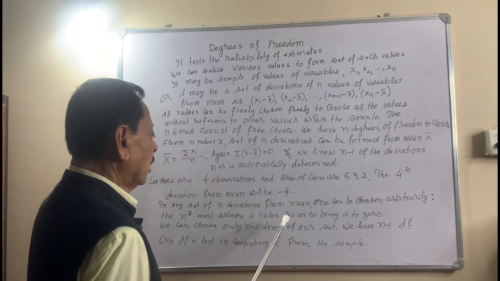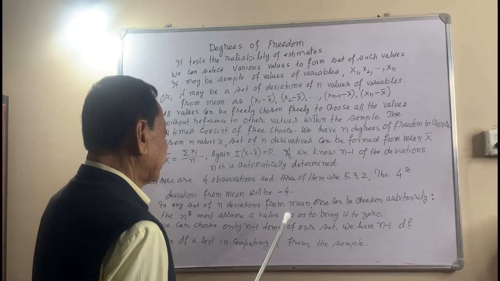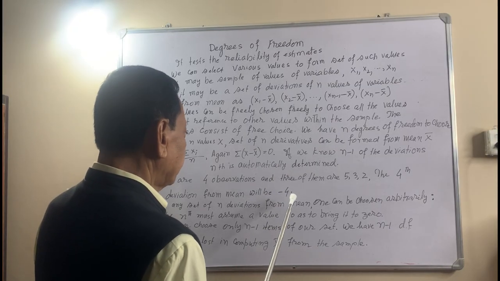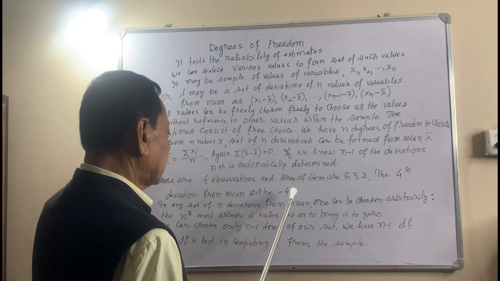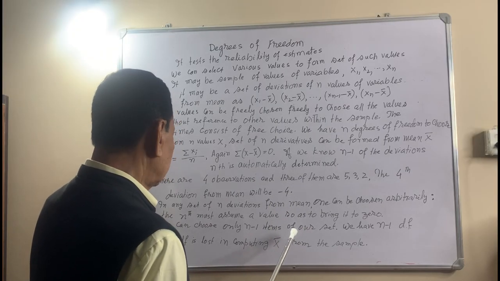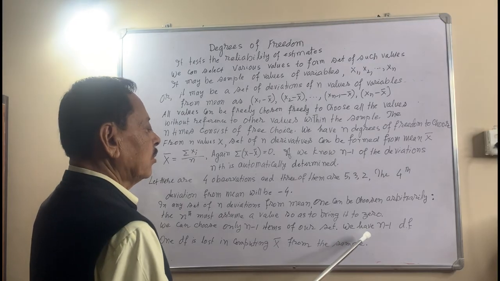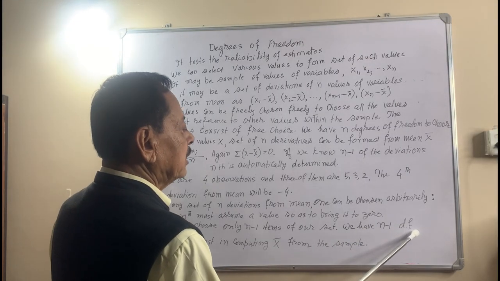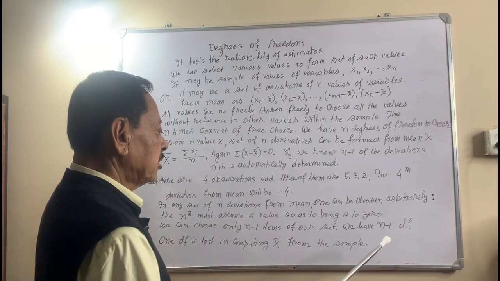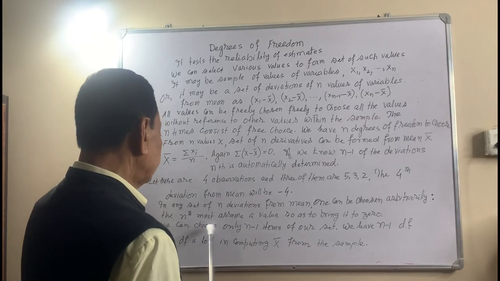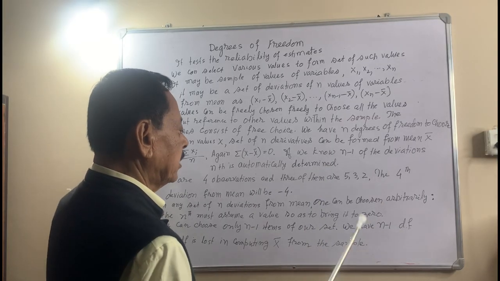When, after adding or subtracting one value, our sum becomes 0, we say we have n minus 1 degrees of freedom. So this is the concept.